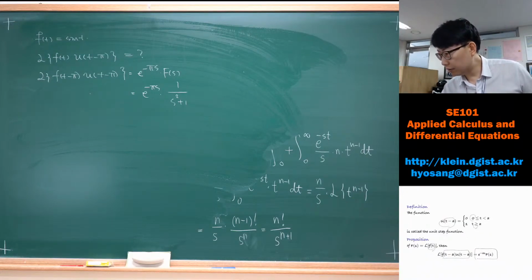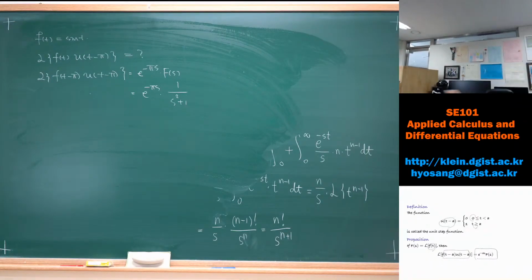So how do we solve the first example? How do we get this? I have to change my function.